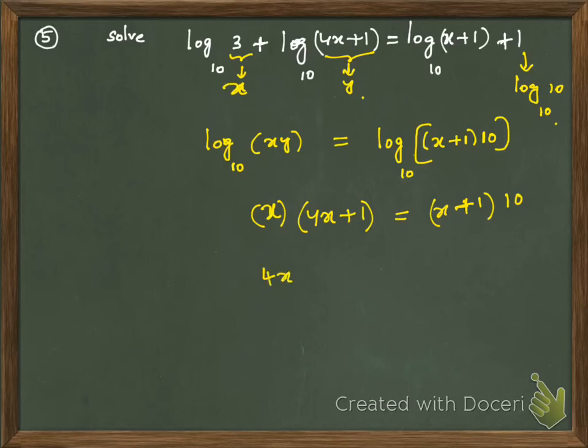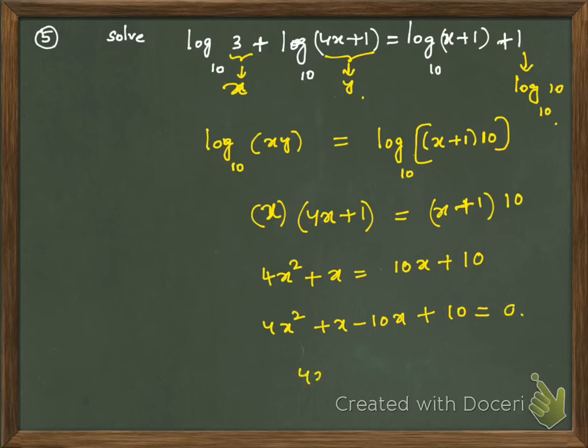So 4x square plus x will give you 10x plus 10. So that will give you 4x square plus x minus 10x plus 10 is equal to 0. So that will give you 4x square minus 9x plus 10 is equal to 0.